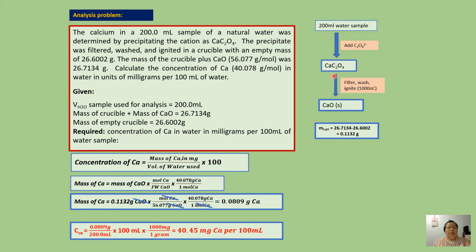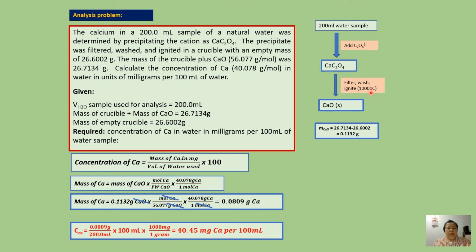If we ignite calcium oxalate at a temperature of only between 500 to 600 degrees Celsius, this calcium oxalate is converted only to calcium carbonate. Since the problem mentions that the finished product of the analysis is calcium oxide, the temperature used is 1000 degrees Celsius.